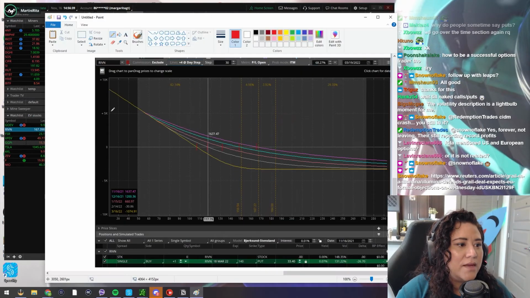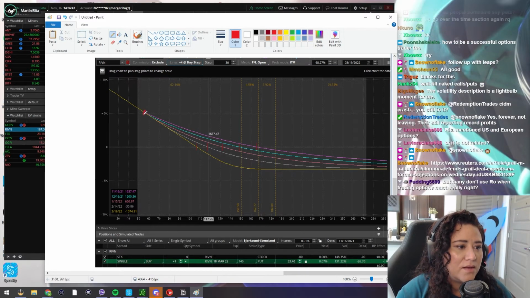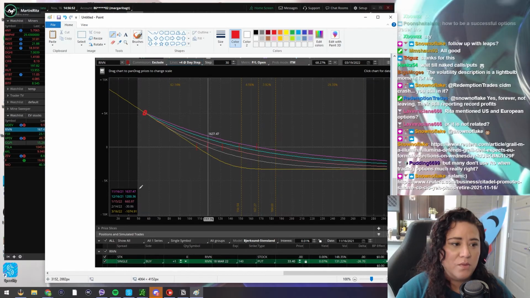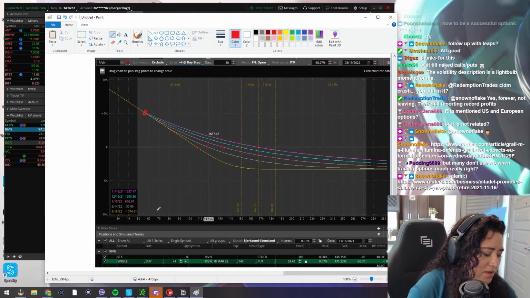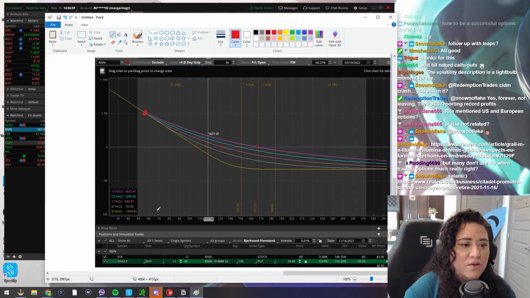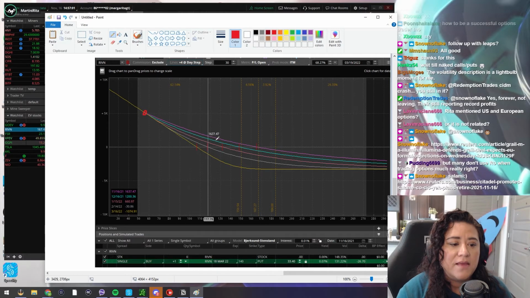You'll notice that here, if we let this go all the way to $50, right? Even if all that time persists, we'll still make 5K. It is going to be really unlikely that Rivian goes from $160 all the way down to 50, but who knows, right? But in the intermediate time, as Rivian steps down in price, you can see that as time goes on, you tend to lose money.